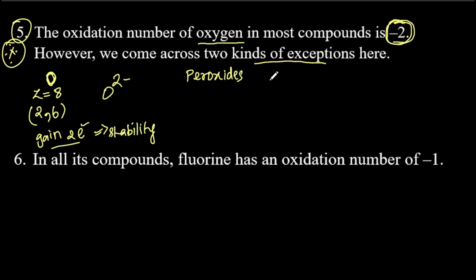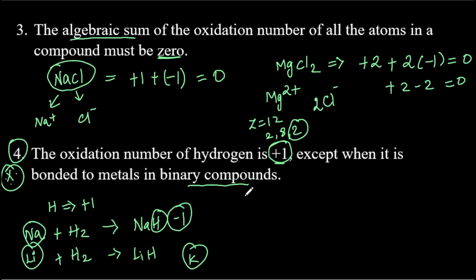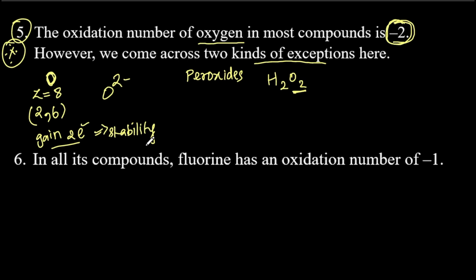In peroxides, for example, you can take hydrogen peroxide, H2O2. If you find the oxidation number of oxygen, we already saw in the previous rule that the oxidation number of hydrogen is plus 1. So let us substitute the value for hydrogen. 2 hydrogen atoms are there, so 2 into plus 1, plus, we don't know for oxygen, let us find that, so write it as x. 2 oxygen atoms are there, so it is 2x.